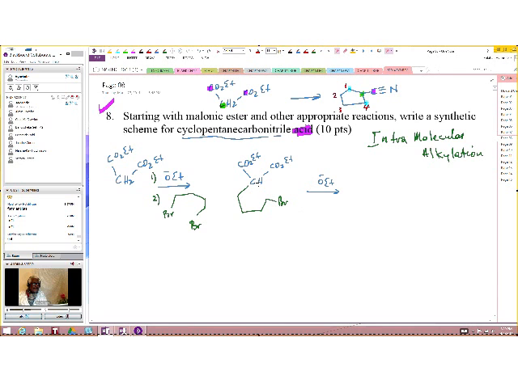So once you form your enolate here, that enolate will simply come in and attack this carbon here in an SN2 reaction. Keep in mind, this is an SN2 reaction. So at this point, you are going to form your cyclic molecule.